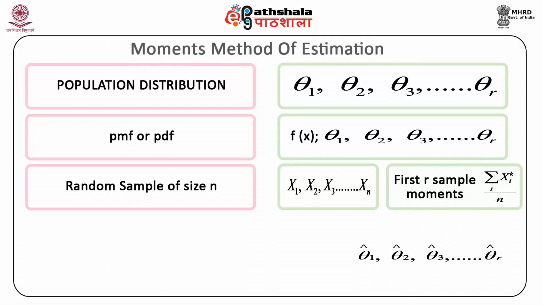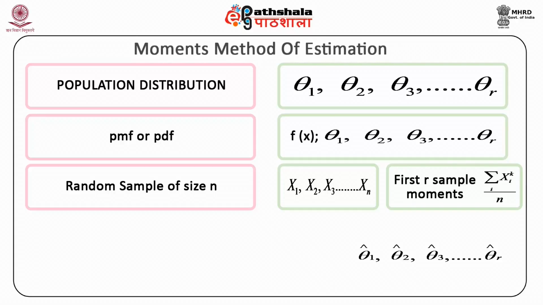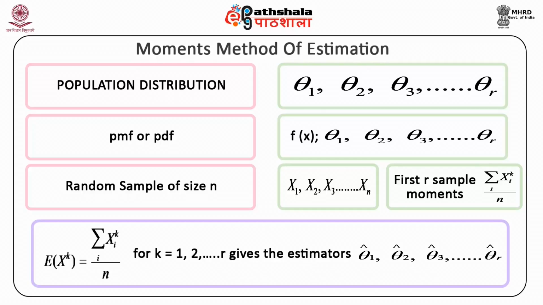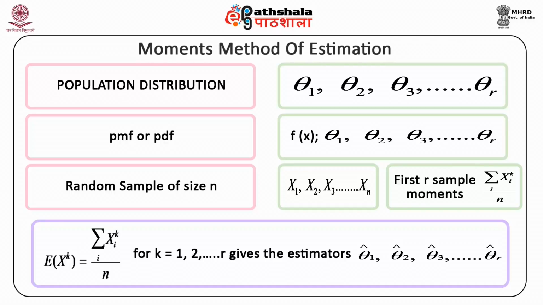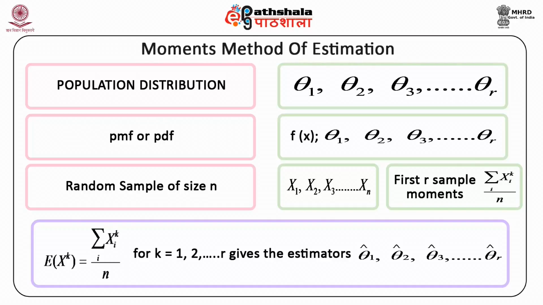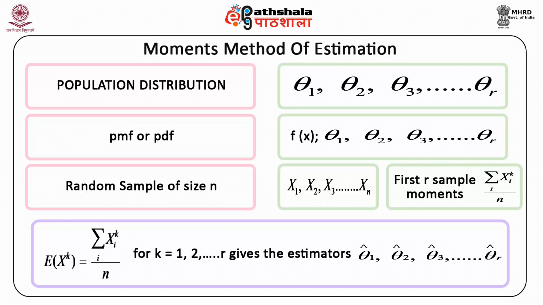Now, since each of the population moments are functions of the r parameters, solving the system of r equations, we obtain expected value of x raised to power k equal to summation of x_i raised to power k divided by n for k equal to 1 to r. And this gives us the estimators theta 1 hat, theta 2 hat, theta 3 hat up to theta r hat.